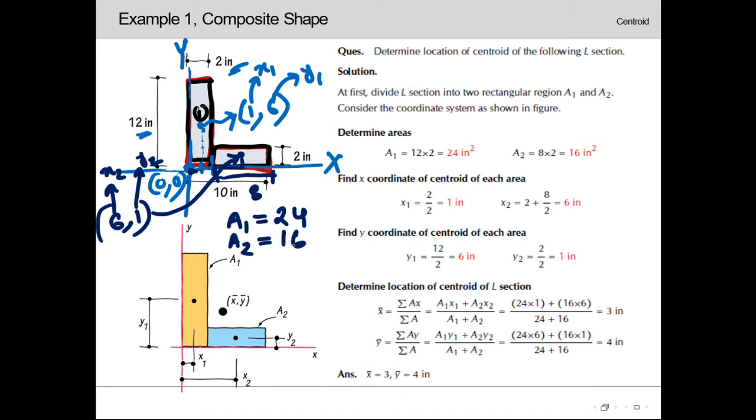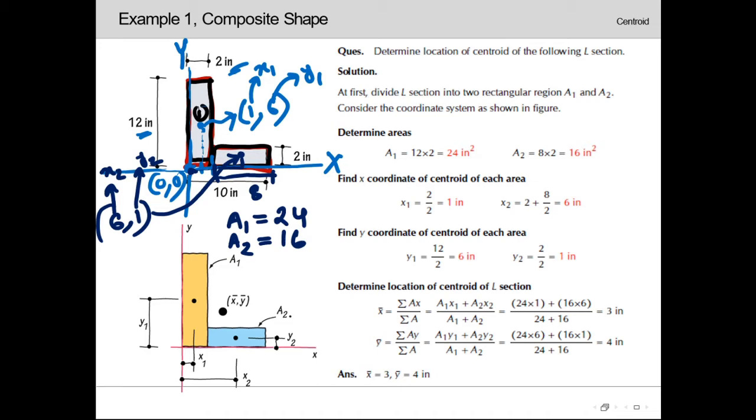Now applying the formula, as we can see, this composite section is basically the addition of segment 1 and segment 2. That's why, while applying the formula to calculate the centroid of the full section, we need to use the addition sign in the formula.